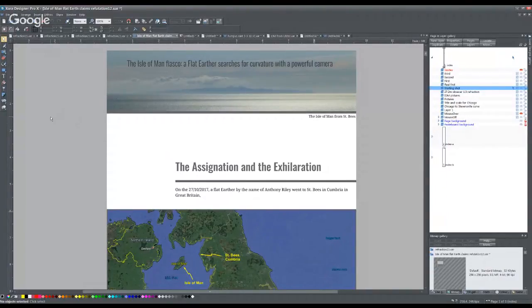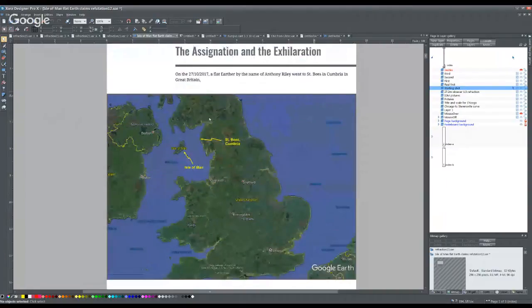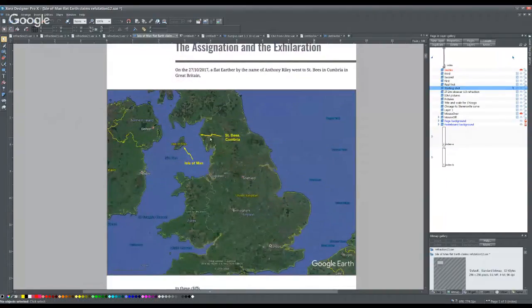This all started with a flat earther taking a picture of the Isle of Man, which you can see at the top of the image here. That's the Isle of Man from a place called St. Bees in the United Kingdom.